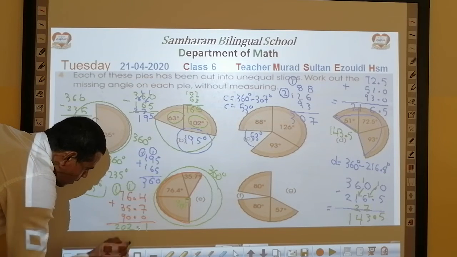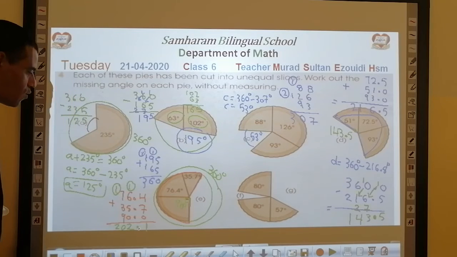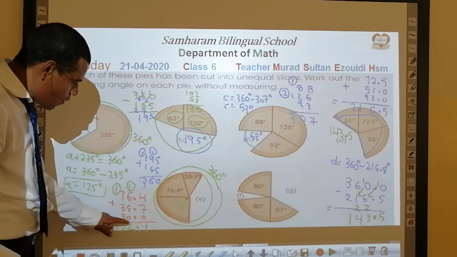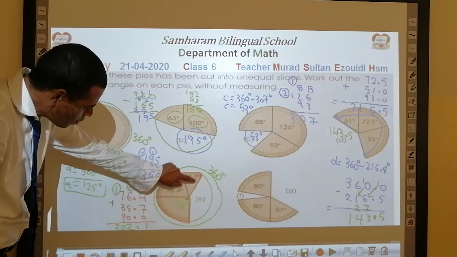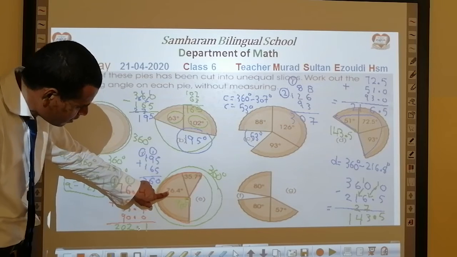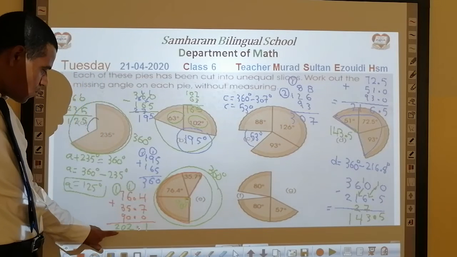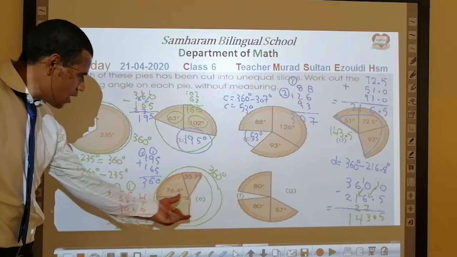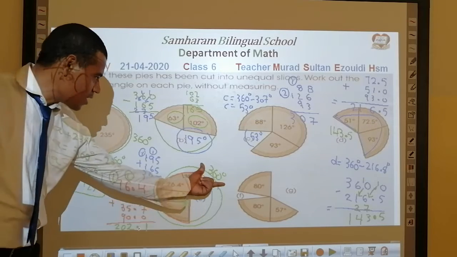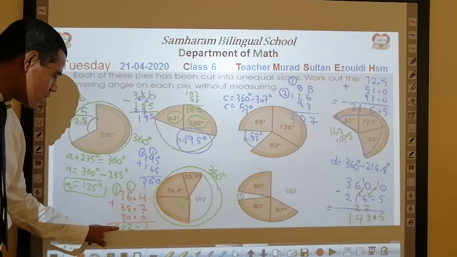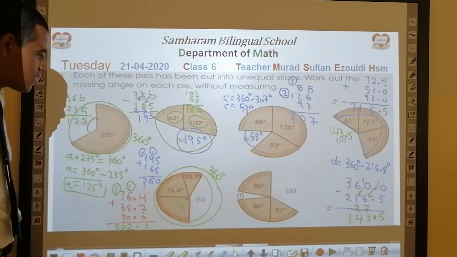Then it will be 202.1. The total of this 76.4, 35.7 and 90 is 202.1. In order to find E, just subtract from 360. Subtract 202.1 from 360, okay?